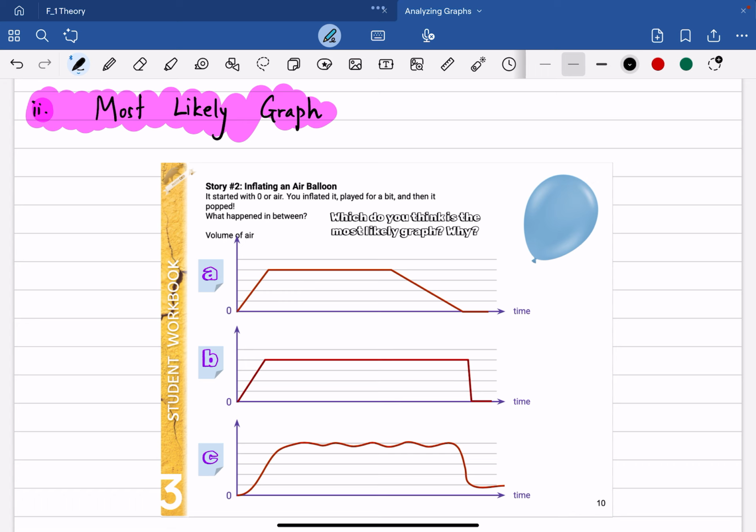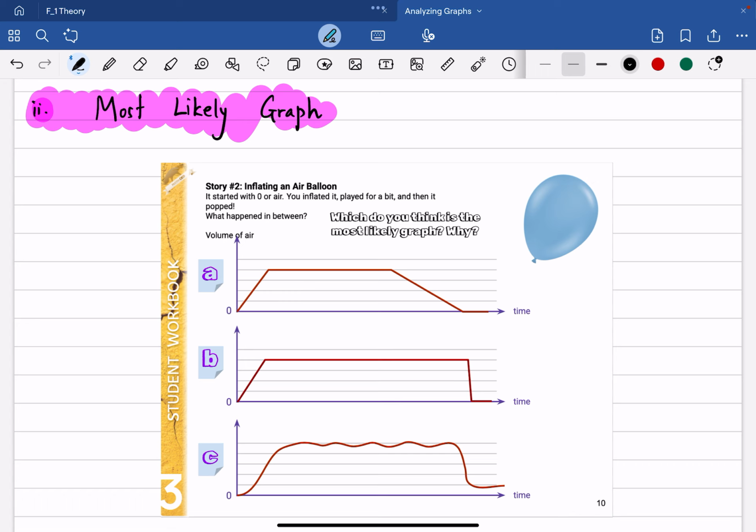So here, the situation is that of inflating an air balloon. So the air balloon starts with no air, or a little bit. You inflate it, play with it for a bit, and then it pops. So what graph explains that situation?